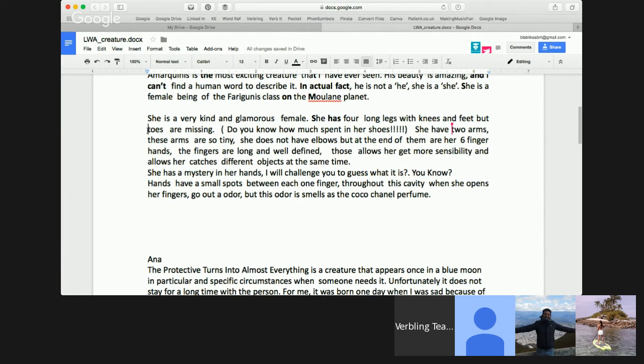Otherwise, it sounds like if you say something is left, it means it's remaining. So you might say, there are 3 sausages left, which means there are 3 sausages on the plate still for somebody. Okay. So if you're saying there's none of it, then missing or run out or something like that. In this case, missing because it's a body part.